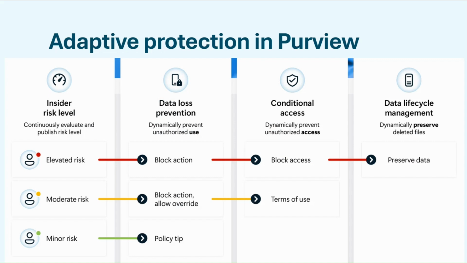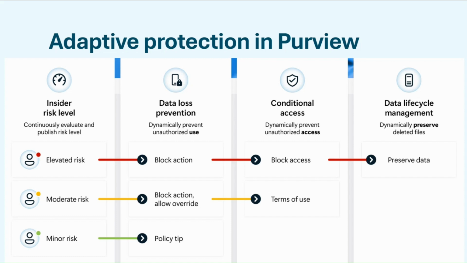And then how that's used is, if you define these inside this insider risk profile, then it can change what people can do with data loss prevention. For example, if someone is elevated risk, or they're marked as that within insider risk, then it can provide a block action. Or maybe if they're just moderate risk, they are blocked, but they can override it.